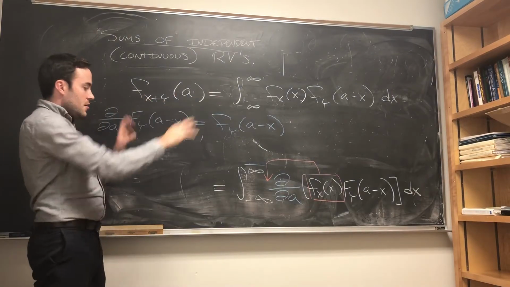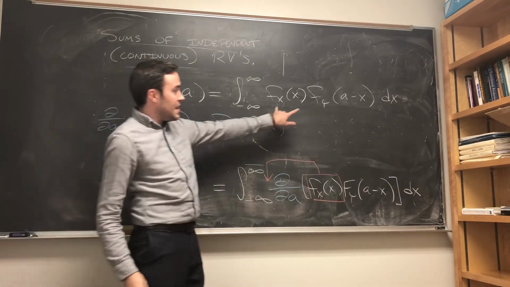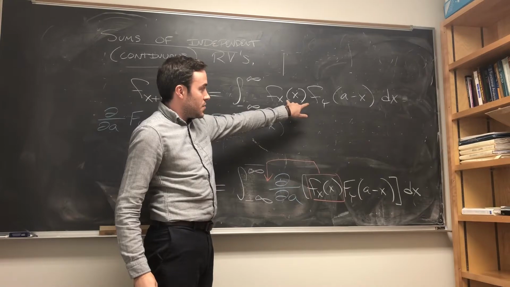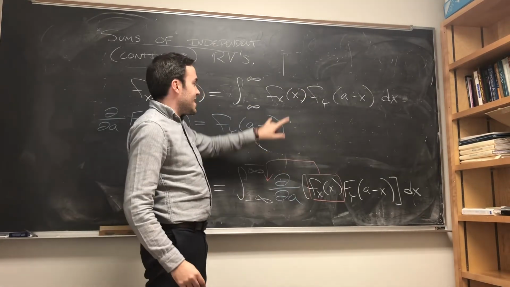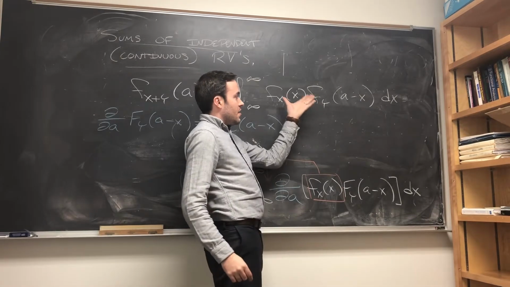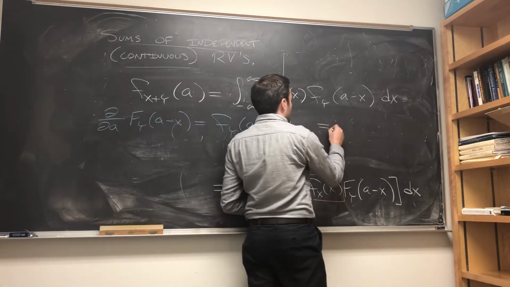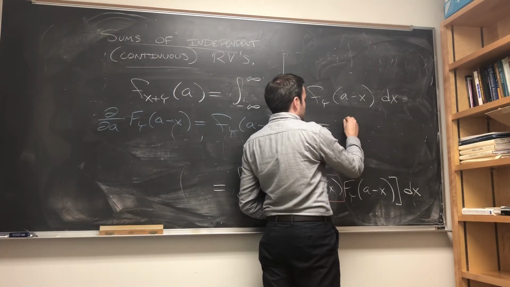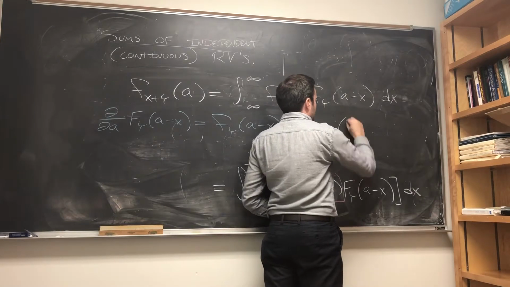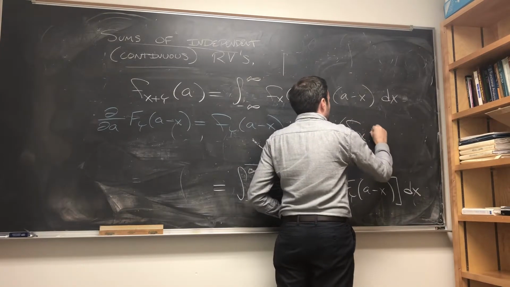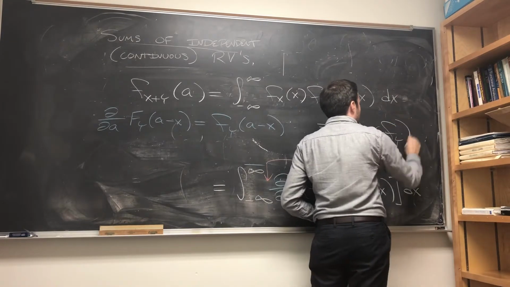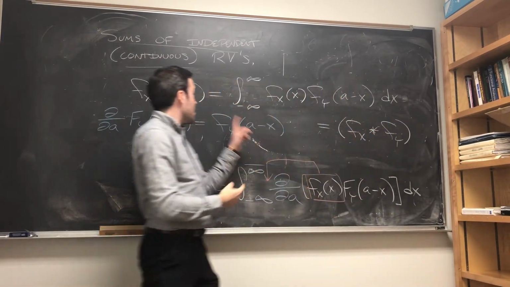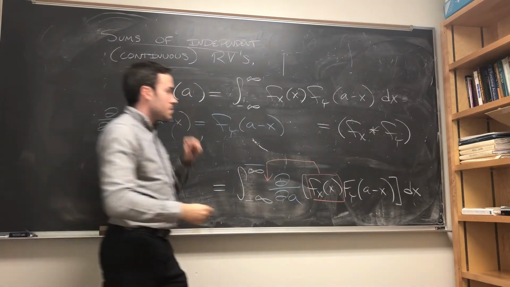So we have this here, and to make the convolution notion explicit, this is exactly the convolution of fx and fy. The notation would be fx, then the star to indicate a convolution, fy, and the evaluation here is at the variable a.